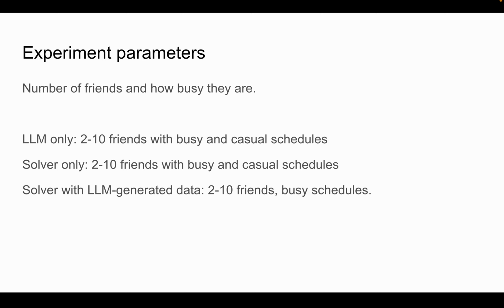And then we let the LLM generate the data, and we run it through the solver to see if that improves over the LLM quality. But there we do 2 to 10 friends, but only with the busy schedules, because it's quite time consuming to run this data.